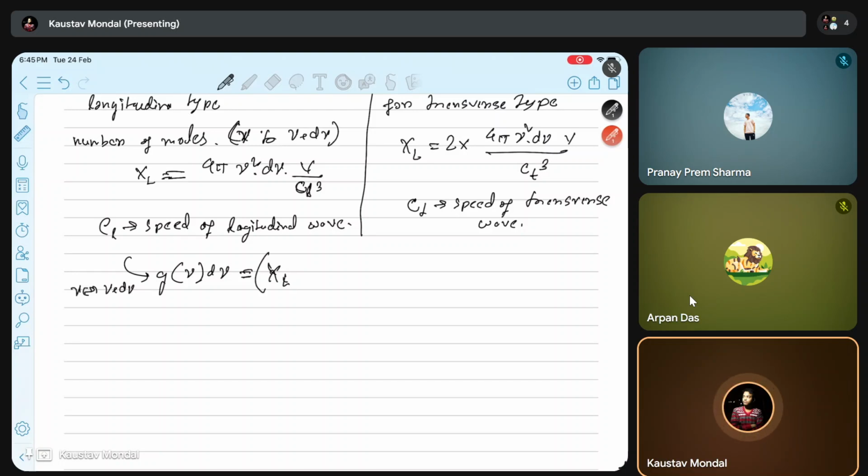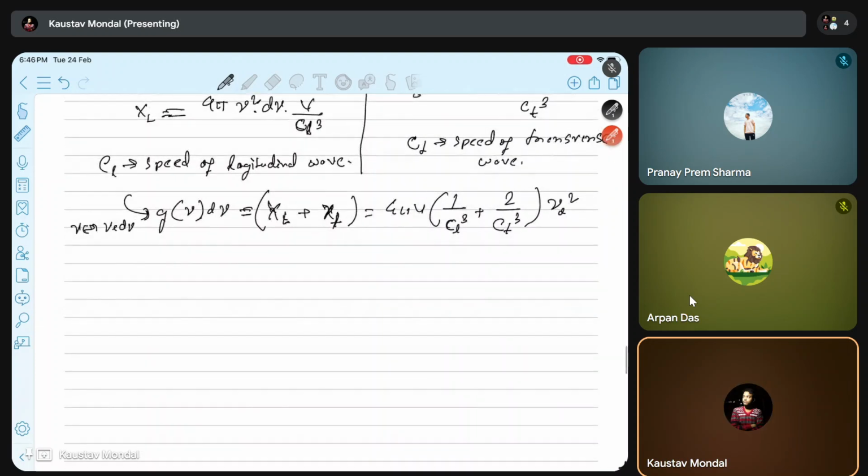So the total number of waves we denote as g(nu) d(nu). G(nu) d(nu) is basically given by XL into XT, the total, that is given by 4 pi V into (1 by CL cube plus 2 by CT cube) into nu square d nu.